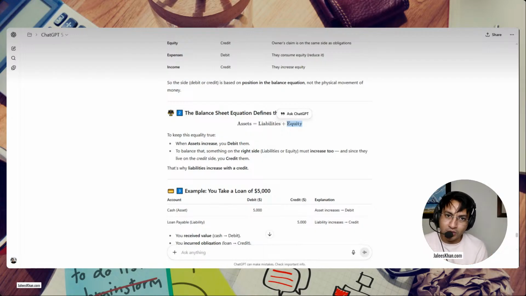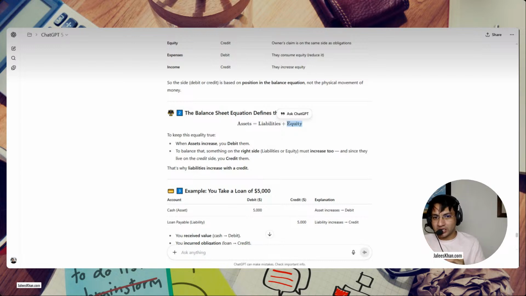But how do we account for the transaction? Asset increasing, owner's equity will come in the credit. Equity increases, asset increases. So equity increase is going to be credit, and asset increase is going to be debit, because it is the other side of the equation.